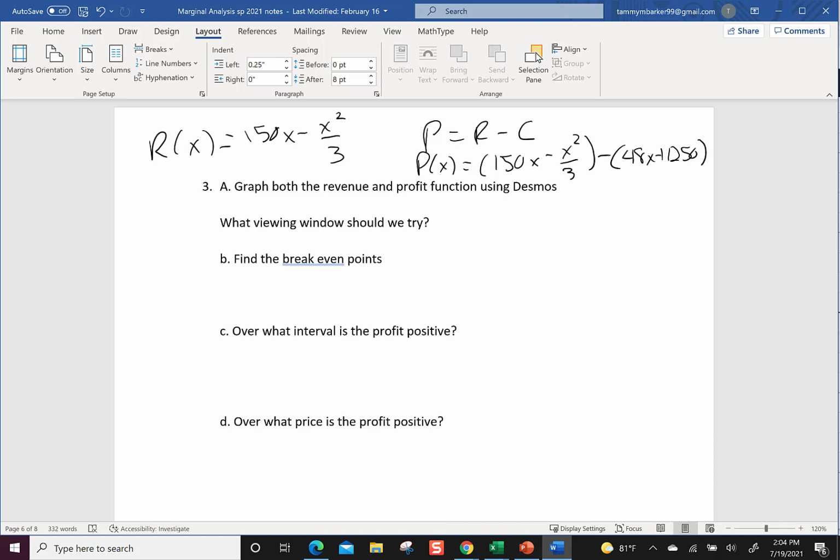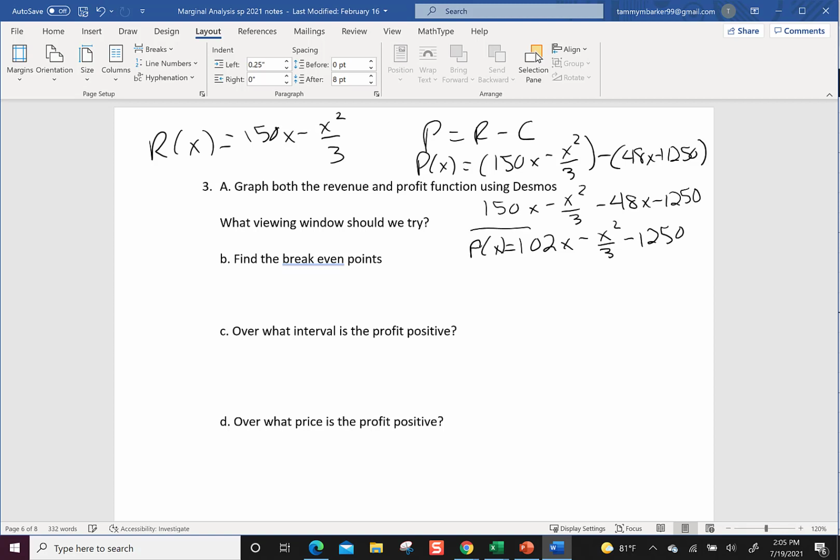When you distribute the negative out, you end up with 150x minus x squared over 3 minus 48x minus 1,250. So I can put the 150 minus the 48, that becomes 102x minus x squared over 3 minus 1,250. So here's our profit function.